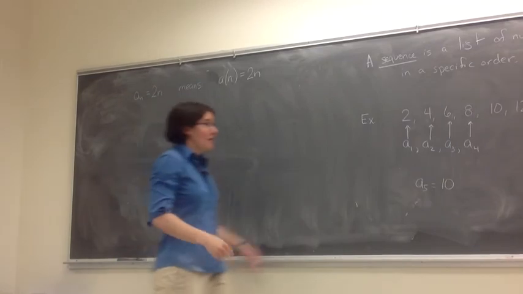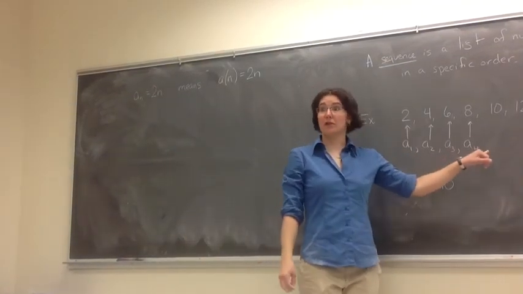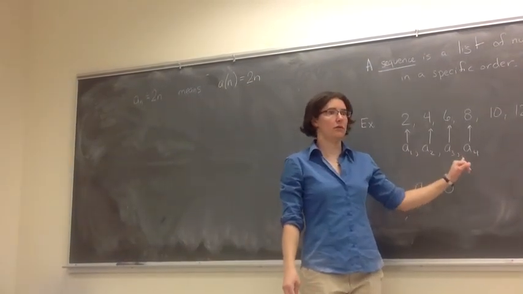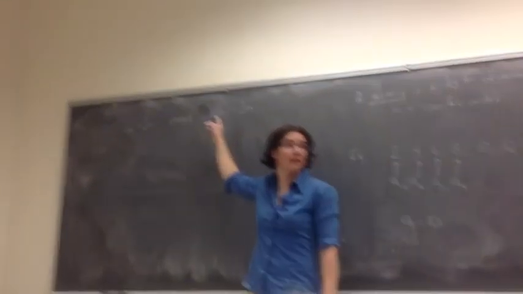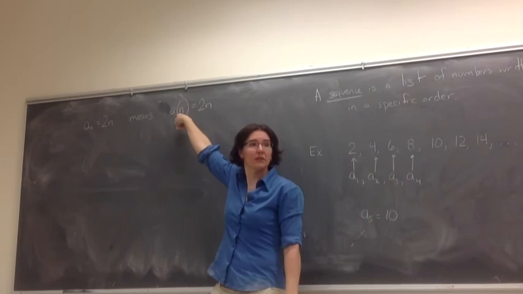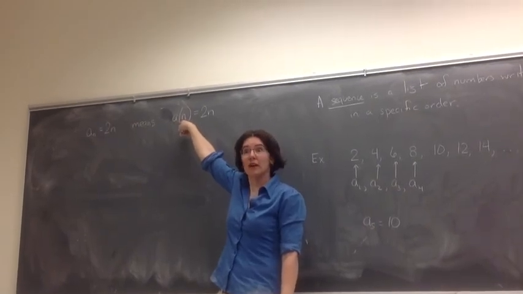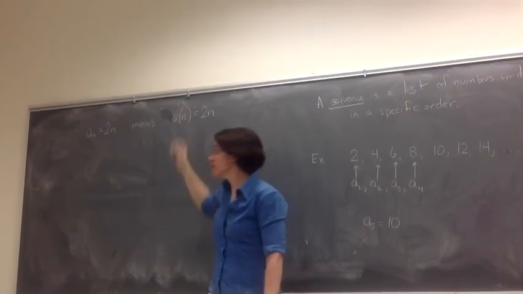And we're only allowed to use whole number values, 1, 2, 3. I'm not allowed to plug into this function pi. And I'm not allowed to plug into this function 1.5. I can only plug in whole number values.